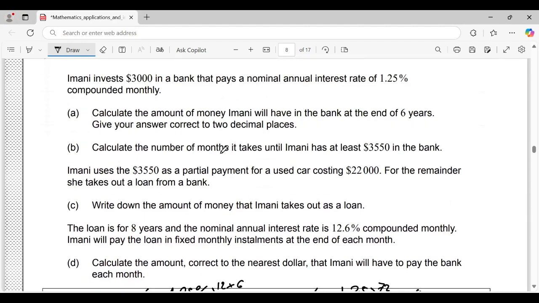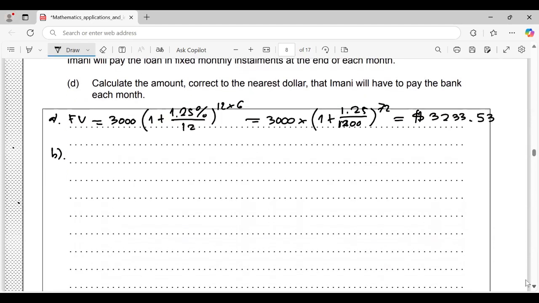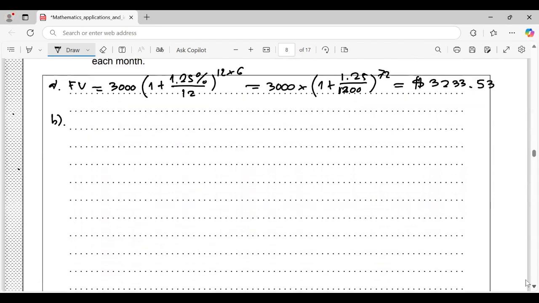Now part B. Calculate the number of months it takes until Imani has at least $3,550 in the bank. So how long does Imani need? It means we are going to calculate n.